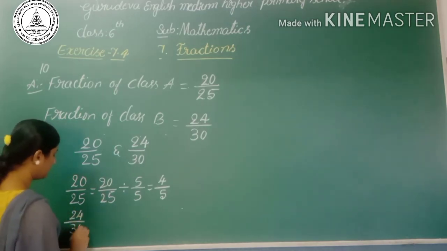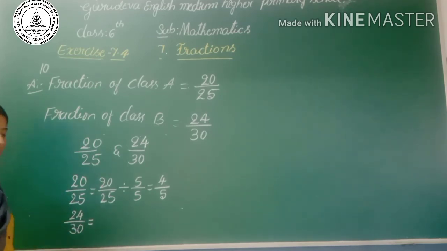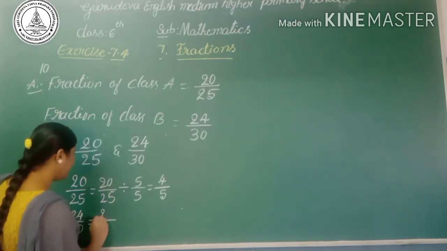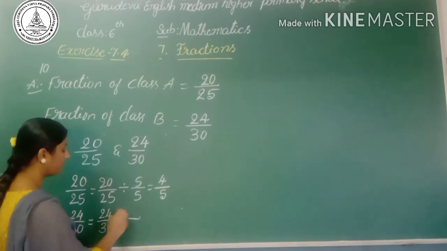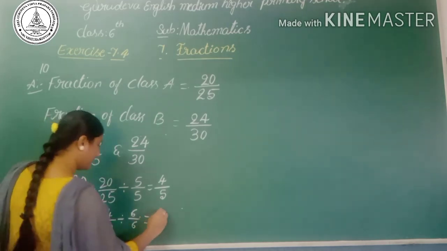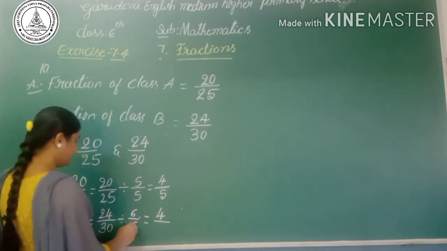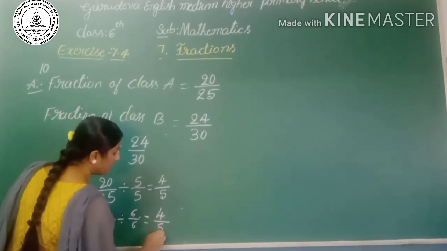24 by 30. These two numbers both come in the same table, that is 6. So divide the numerator and the denominator by 6. Okay. 6 how much is 24? 6 4s are 24. Then 6 how much is 30? 6 5s are 30.